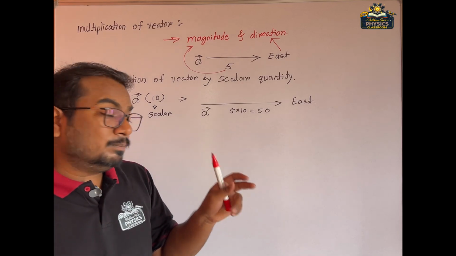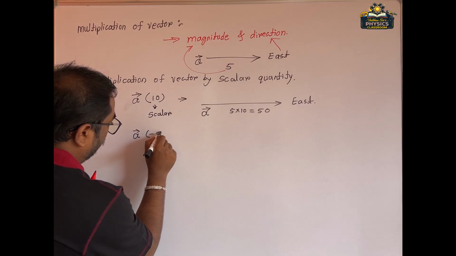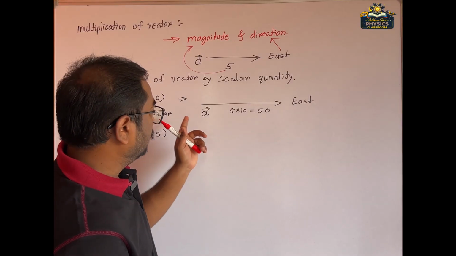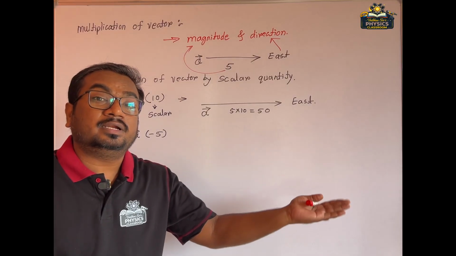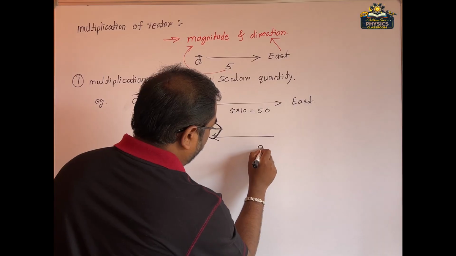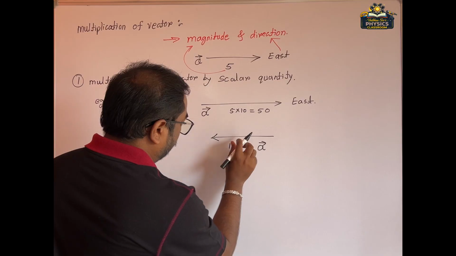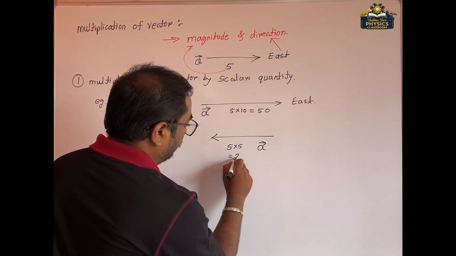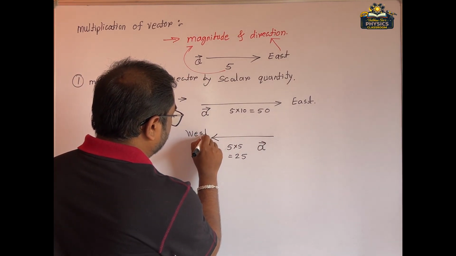But if I multiply this vector with a negative scalar quantity, what happens? A negative scalar quantity means the direction will get reversed. If the magnitude of vector a is 5, multiplying by negative 5 gives 25, but the direction will be reversed, so it will be west.